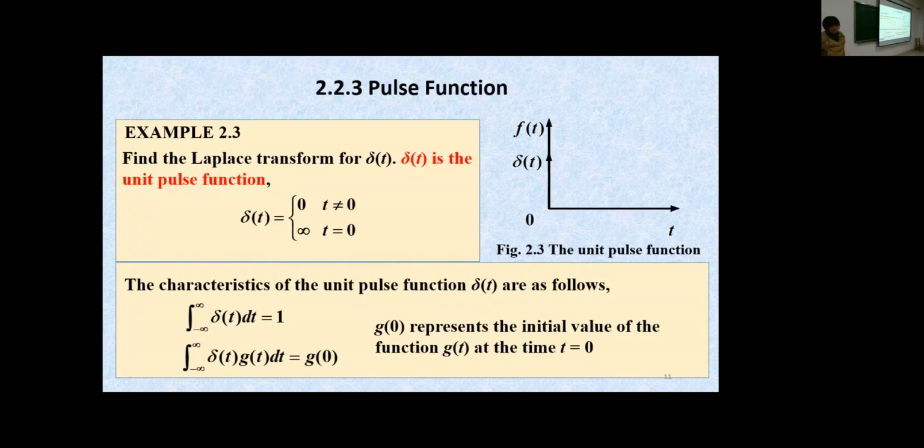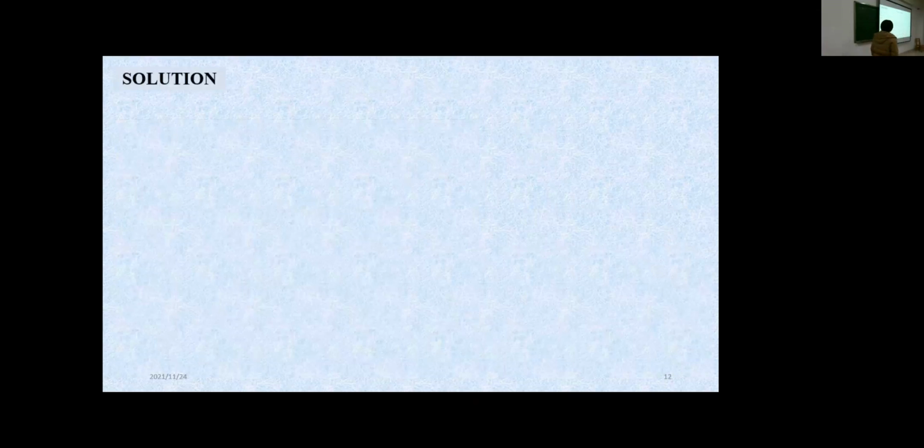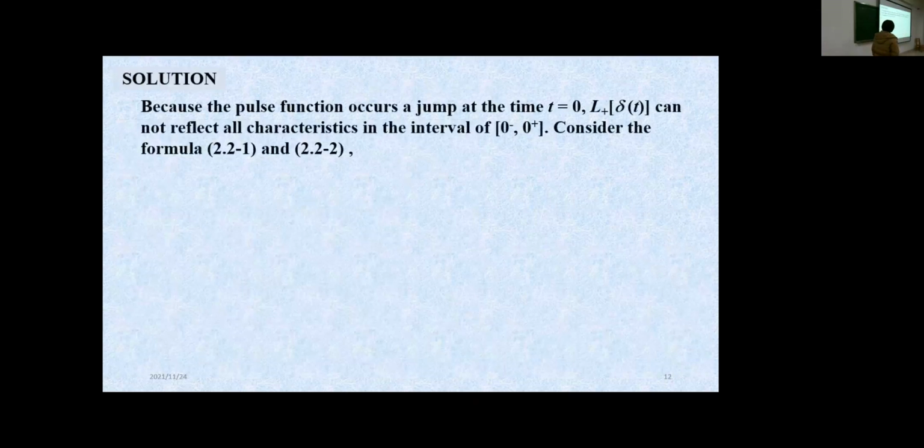How to get the Laplace transform from the problem. Well, the math makes it difficult, but try to wake yourself up. Because the pulse function has a jump, right? It is the special situation we considered before.